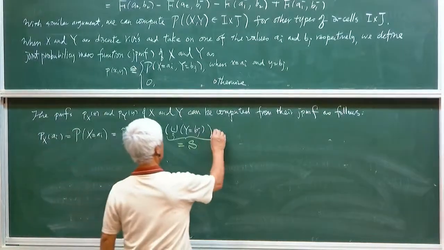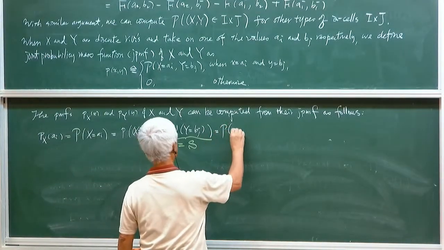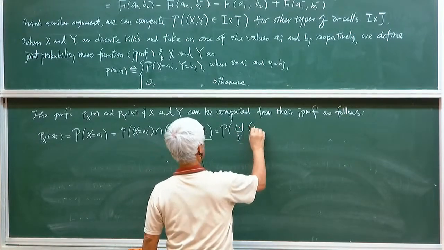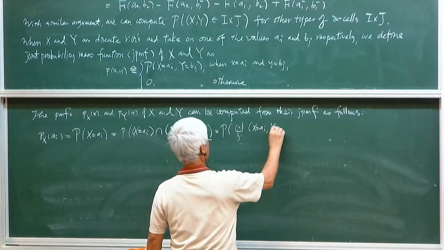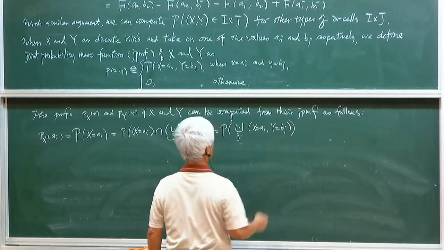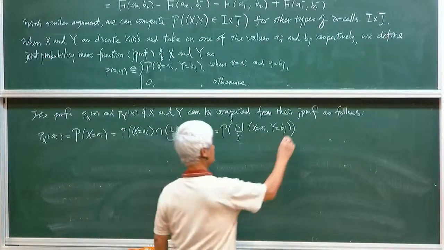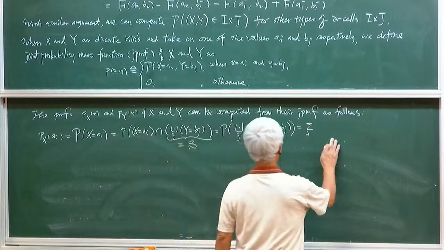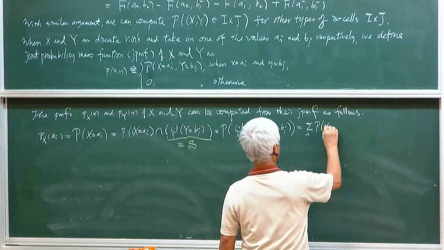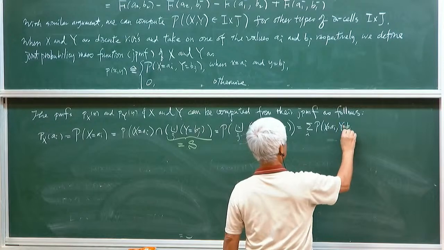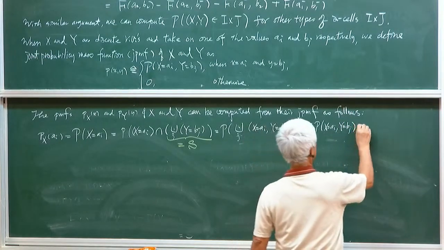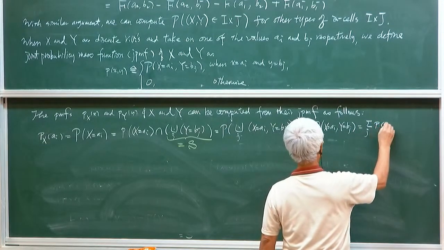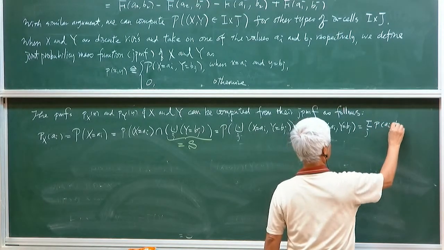So this is the probability of the disjoint union over j of x equal to a sub i, y equal to b sub j. And this is a summation by the countable additivity of the probability function. So this is summation over j of p of a sub i and b sub j.